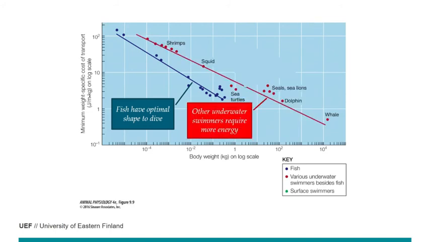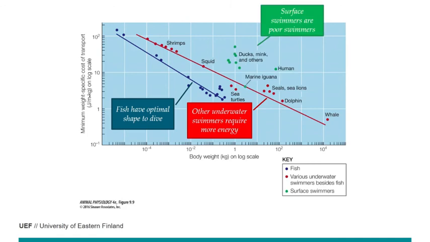Compared to other animals that are living underwater, whether they are mammals like dolphins, whales or seals, but also squid or shrimp that have been living there for ages, the fish is still much better. And of course, compared to the surface swimmer, we are very poor at swimming.